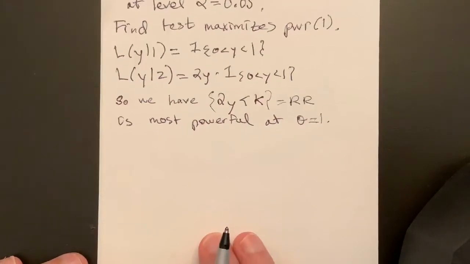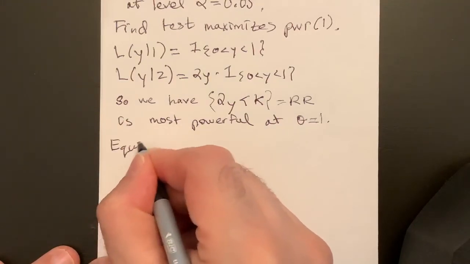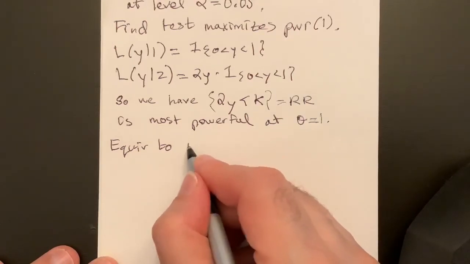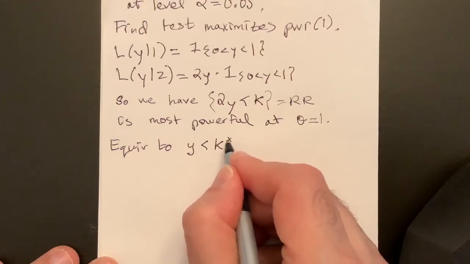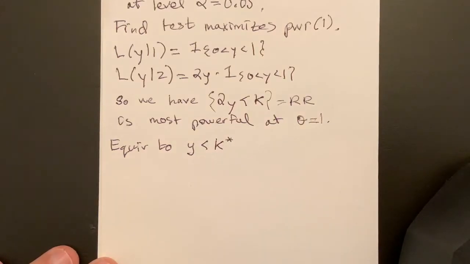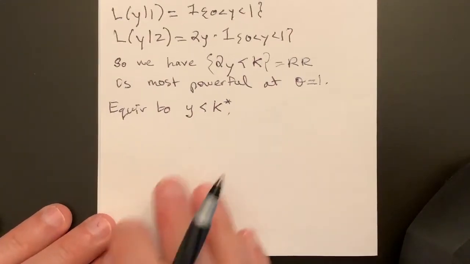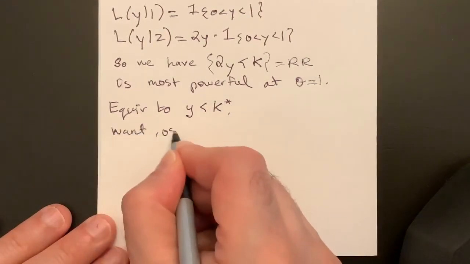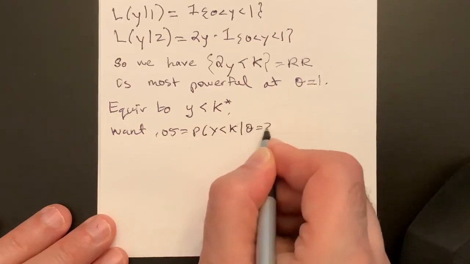For simplicity, we could change k and call it something else, so this is equivalent to, just to make it a little less cluttered, simply y less than k. If you want, call it k star or something like this, but you could just call it k again. To set k star now, we require 0.05 equal to the probability y is less than k star, given theta equals 2.